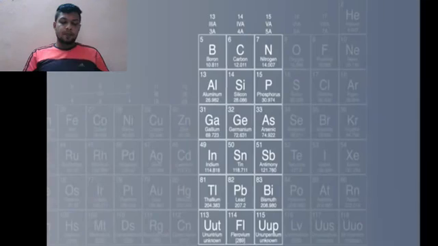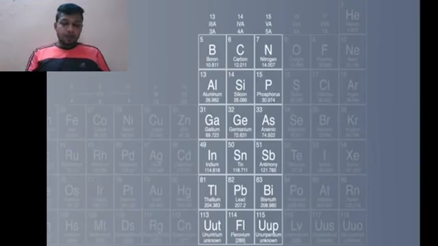So these impurity atoms must have a different number of outer electrons, either one more or one less than silicon. We can see that silicon is in the 14th group of the periodic table.